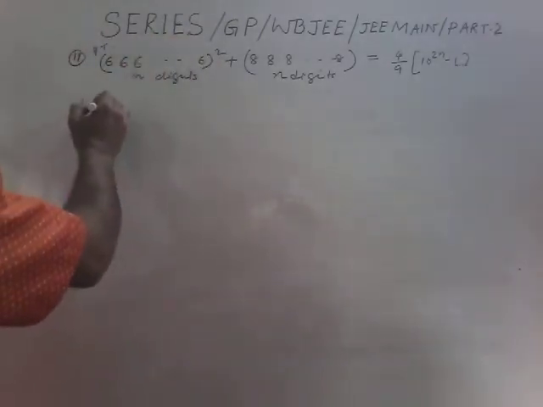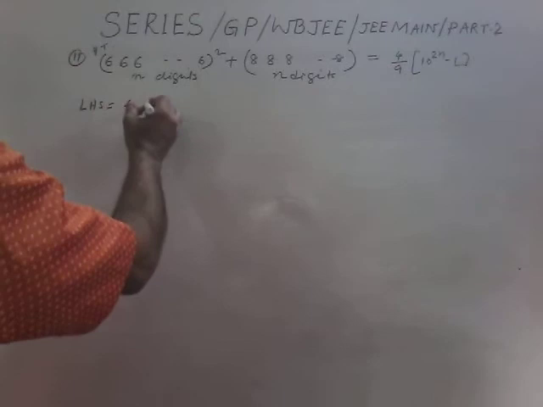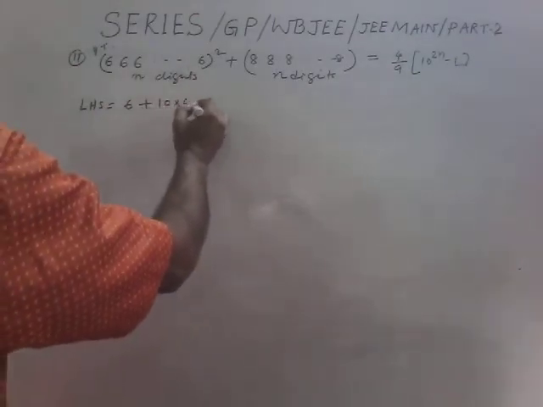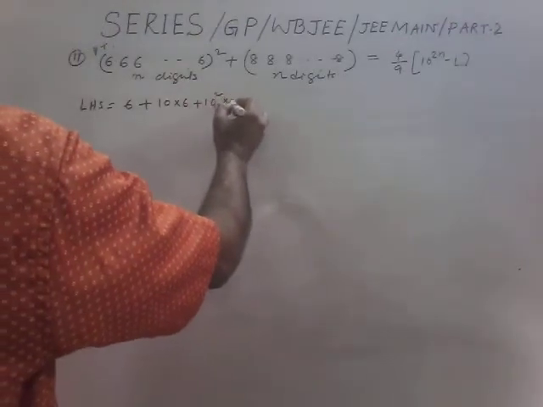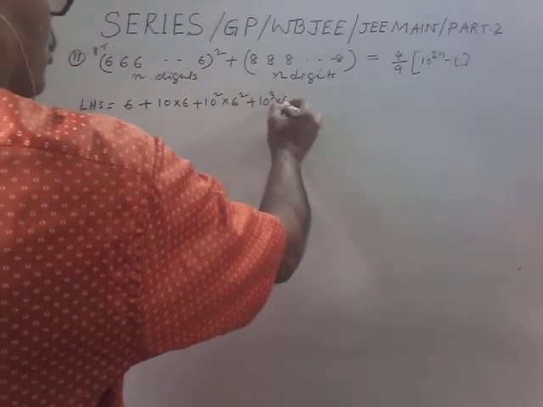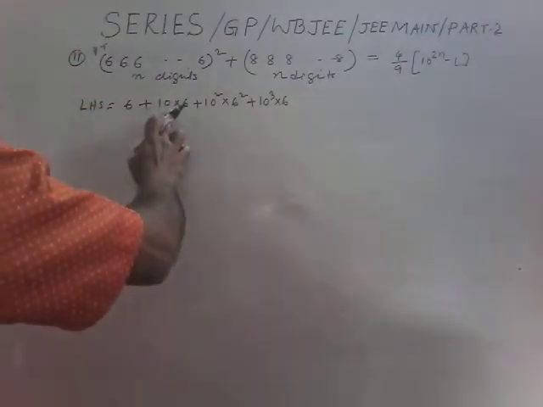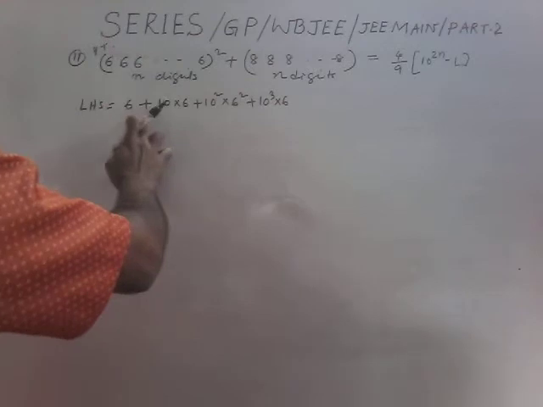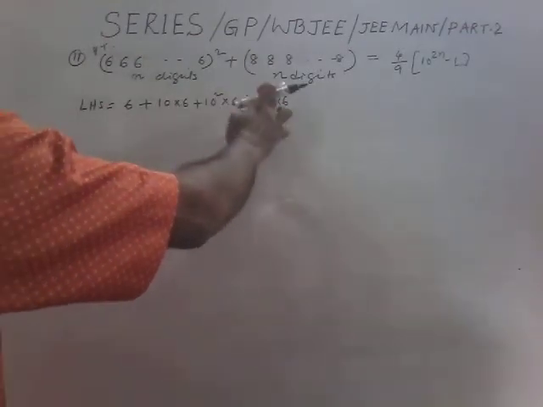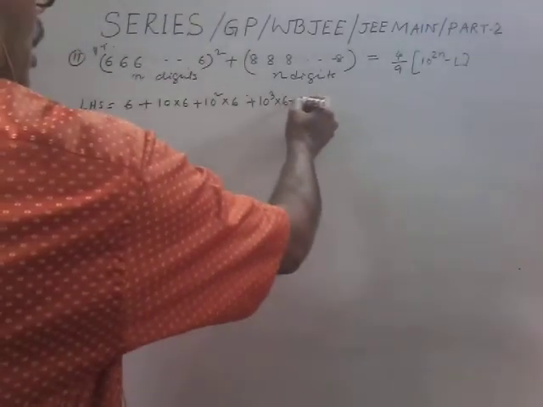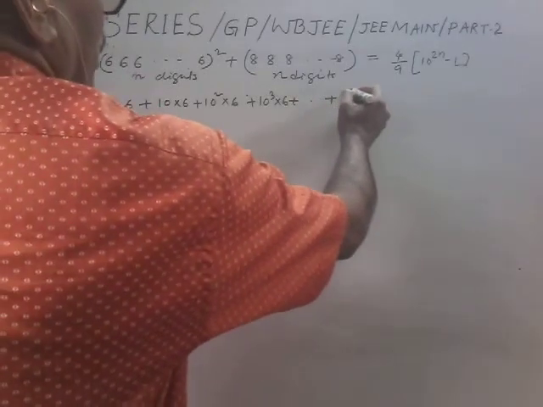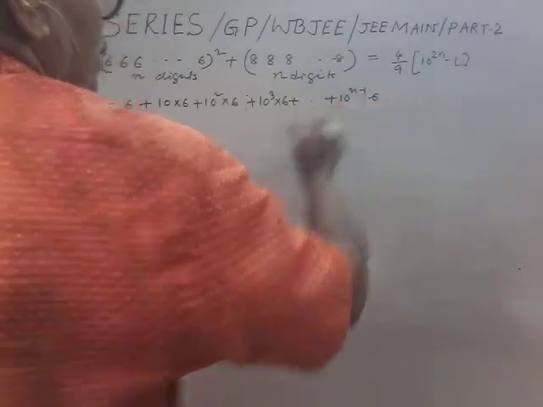So if we consider this as LHS, 6 plus 10 into 6, then 10 square into 6, 10 cube into 6, and finally 10 to the power n minus 1 into 6.